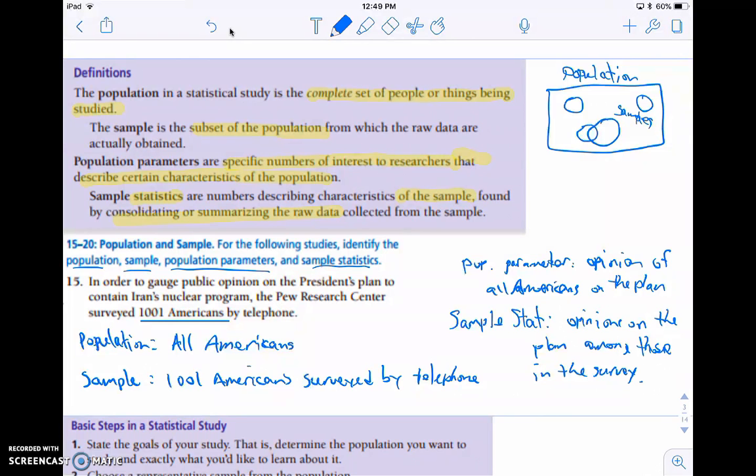So again, the parameter is going to be the opinion of the American population as a whole. The sample statistic is going to be just those that we gathered the data from. Again, we gathered the data in a sample to try and make a prediction on what all Americans would think.